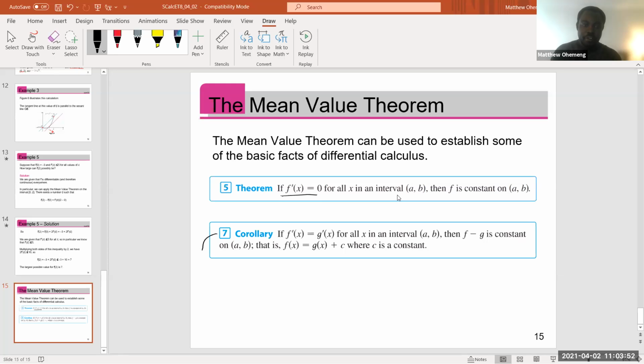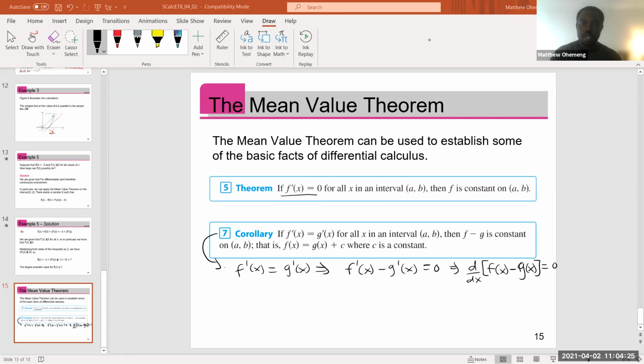When we say f prime of x equals g prime of x, that implies f prime of x minus g prime of x equals 0. In other words, the derivative of a difference is the difference of the derivatives. So this is the same as writing the derivative of f of x minus g of x equal to 0. I hope you can see that. Do you have any questions on that?